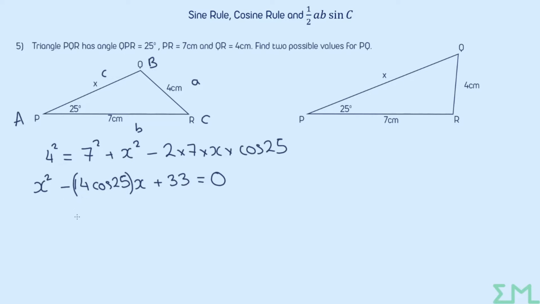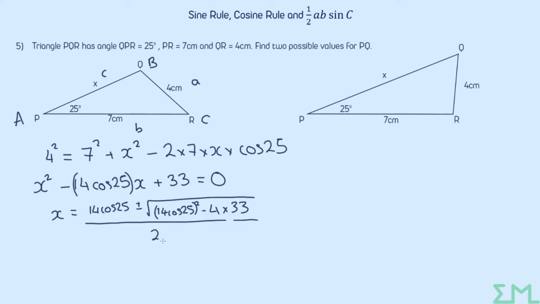Now here you can put this into the quadratic formula, probably the easiest thing. So it's going to be minus b, so that's just 14 cos 25, plus or minus the square root of b squared, so 14 cos 25 squared, minus 4 times a, which is 1, times c, which is 33, all over 2a, which is just 2.